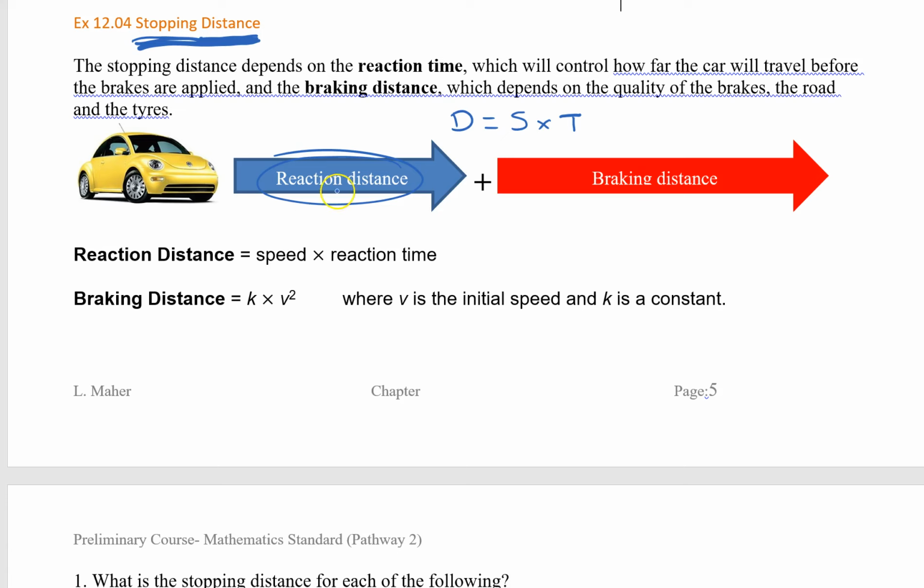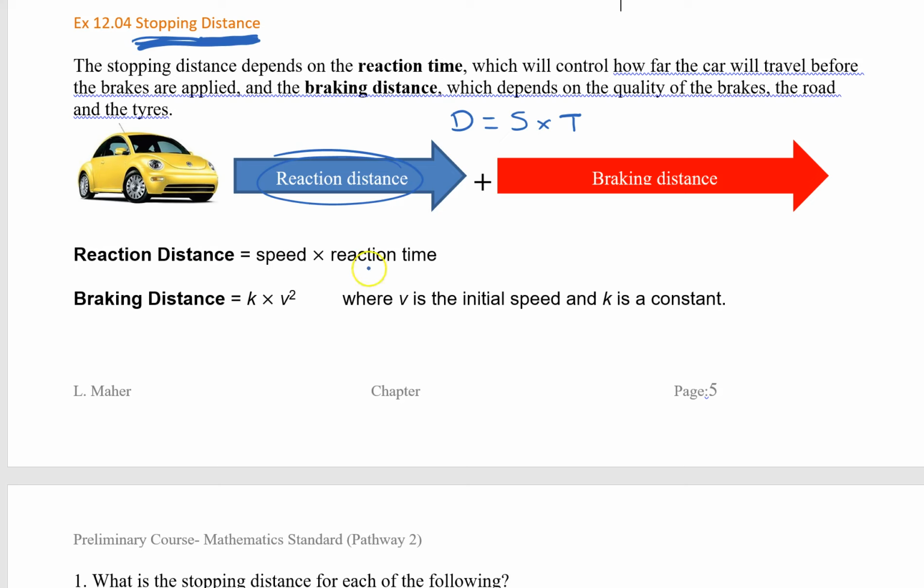The thing that determines how far you go is the time it takes you to put your foot on the brake and the speed at which the car is going. The faster you're going, the bigger the distance. The longer the time it takes you to react, again, the bigger the distance you'll travel.